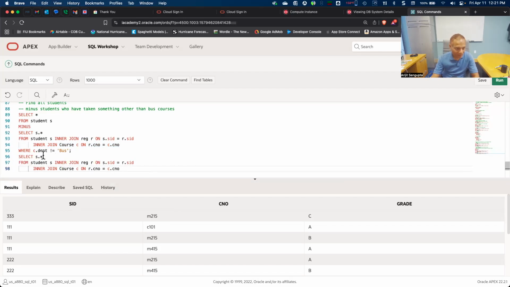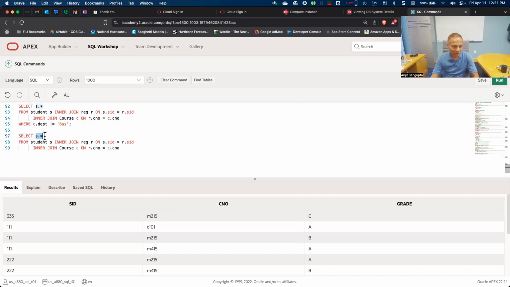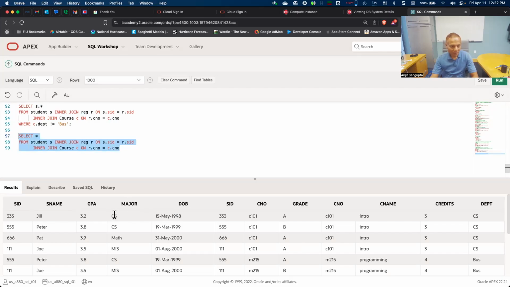Now let's just select this, and so we can see everybody. I'm just going to do a select star, the full join between all three tables, and let's order by C dot department and S dot SID.